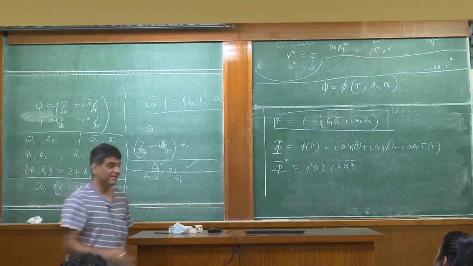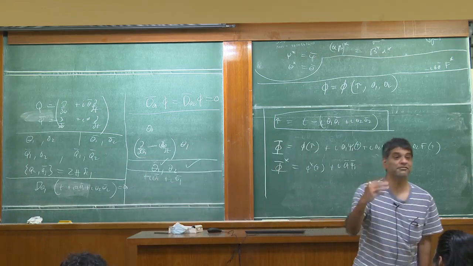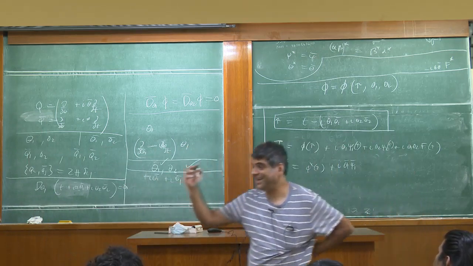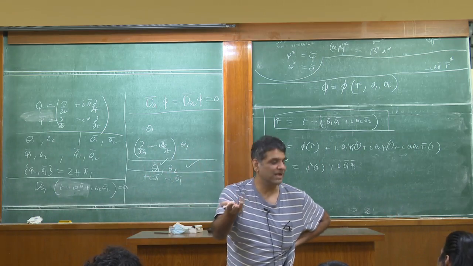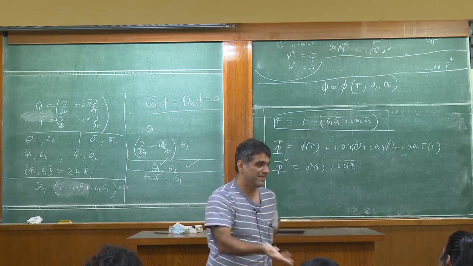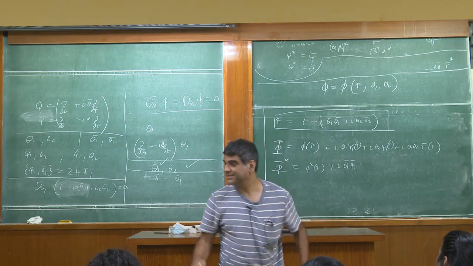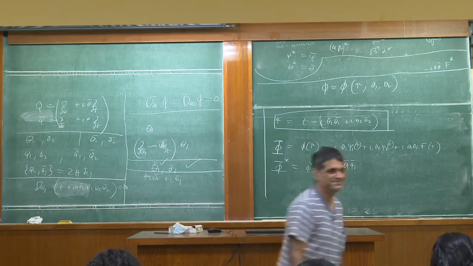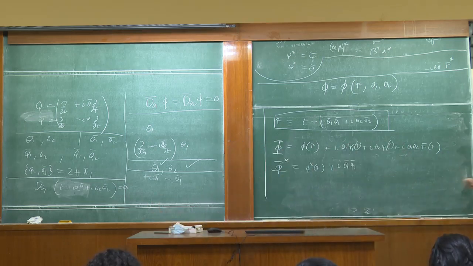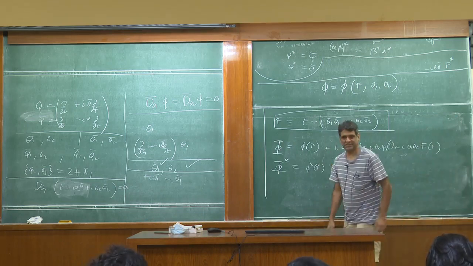So if you want to find the variable that is annihilated not by d bar but by d, then that, as Shoaib correctly pointed out, is not tau but tau star. So he is absolutely correct. We have tau star here.